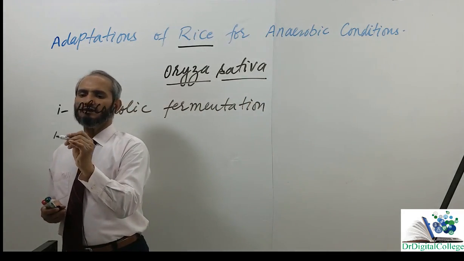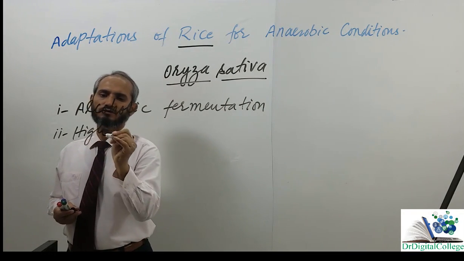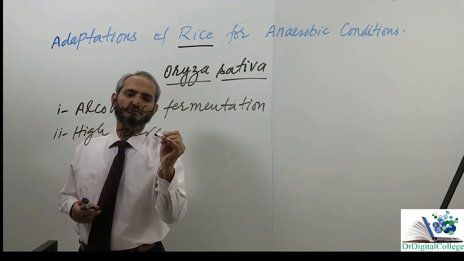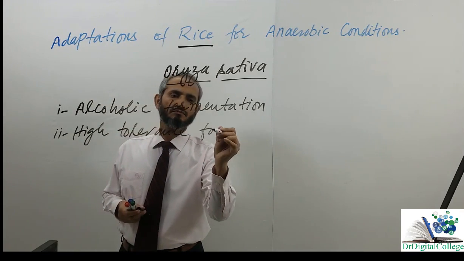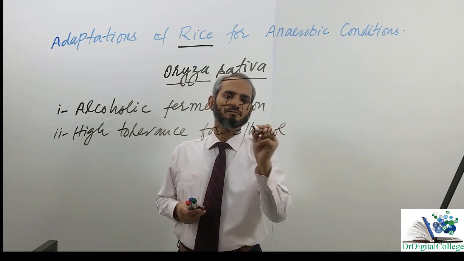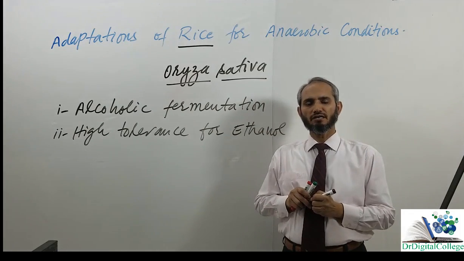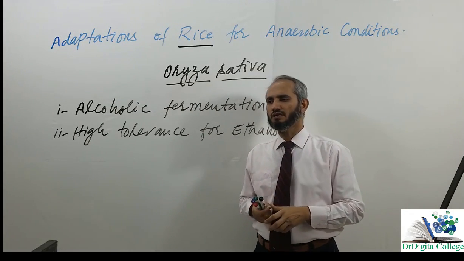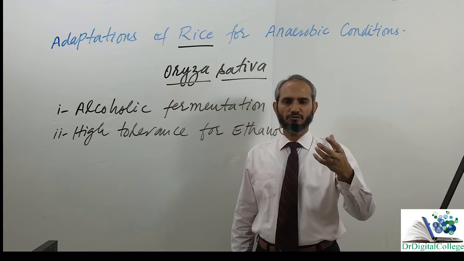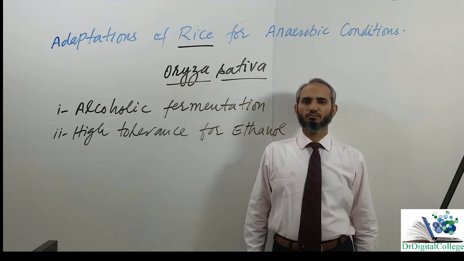And number two, cells of the roots have high tolerance for ethanol. This means ethanol would act as an inhibiting agent for certain enzymes, but the enzymes are well adapted in their cells so that they are not inhibited by the ethanol produced.